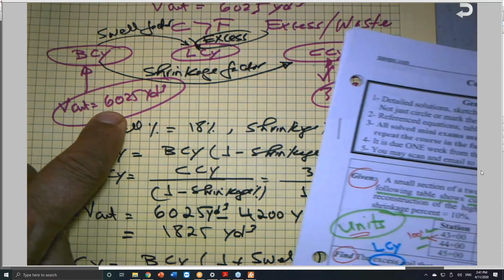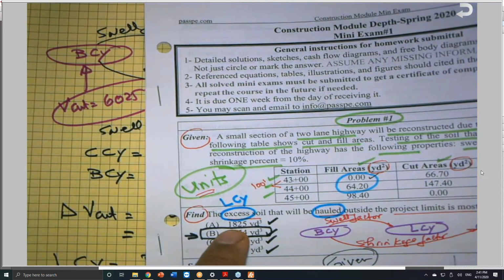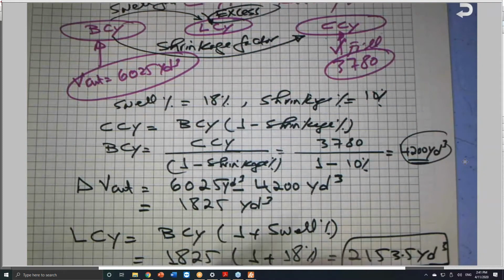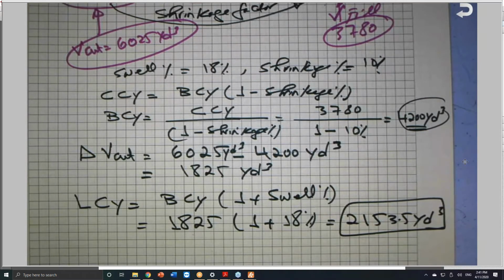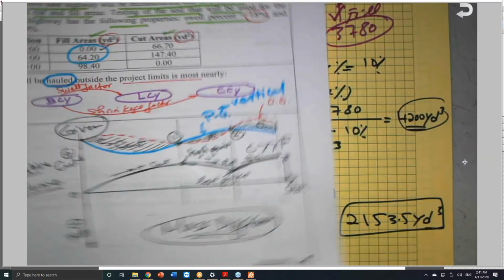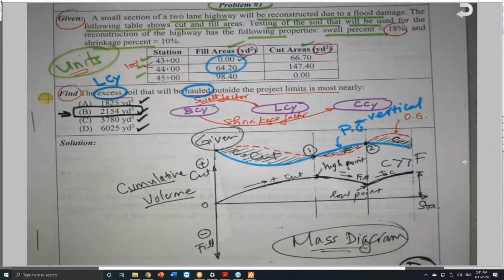The 6025, here it is. Even the difference, 1825, he gives to you as answer A. He gives you all the answers that match any number we are using as an intermediate step in order to get the right answer. Any question about that? So the answer for this is B, as in boy. Any question about that?